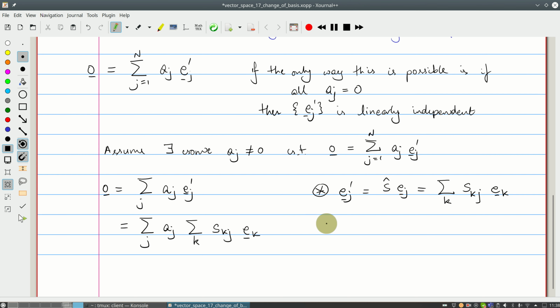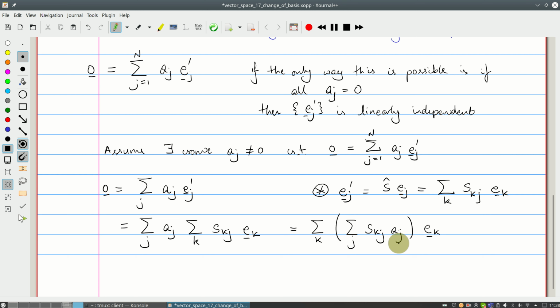Alright, now we do our usual rearrangement step. I have a k over here, so I want the sum over k on the outside. So this is equal to the sum over k, and then in parentheses the sum over j of S_kj a_j, close the parentheses, and then we have the e_k.